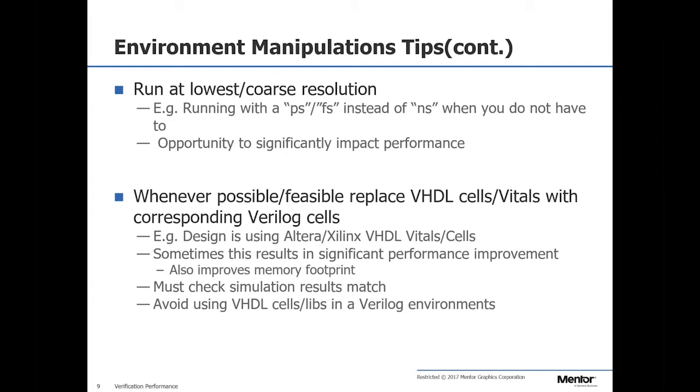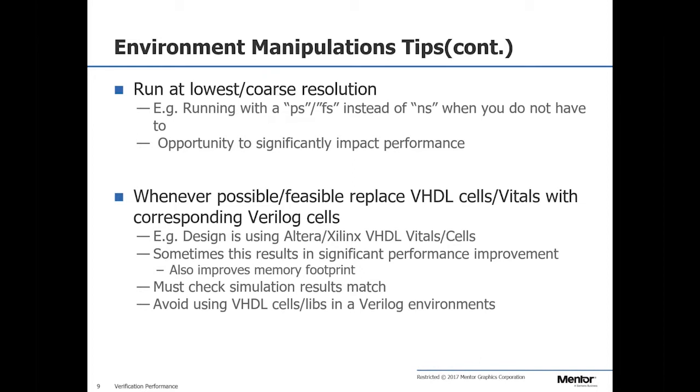The next one, set your simulator resolution to as coarse a resolution as you can. So if your simulation is running at, say, 10 megahertz, don't set your simulator resolution to femtoseconds. It's not like it's going to be 1,000 times slower than if you did picoseconds, but it does have some effect on the simulator.